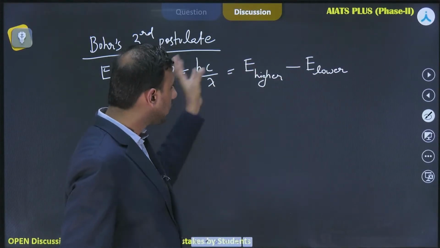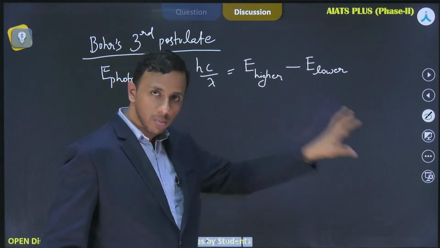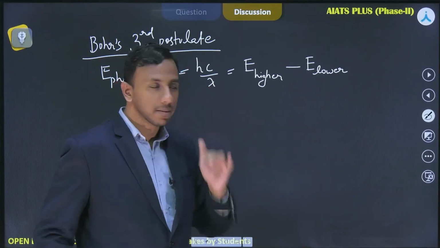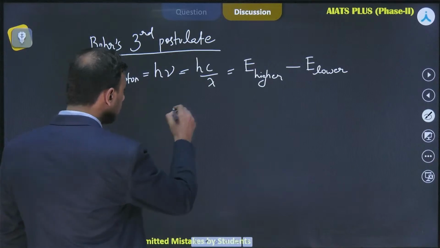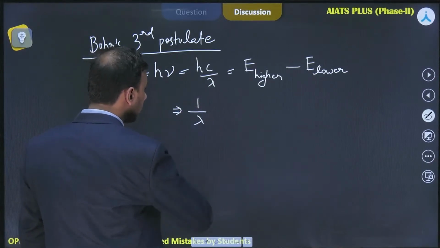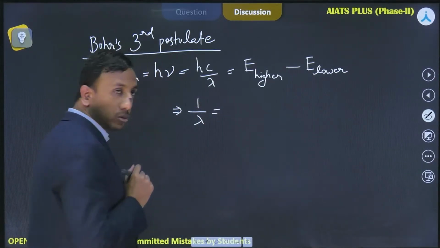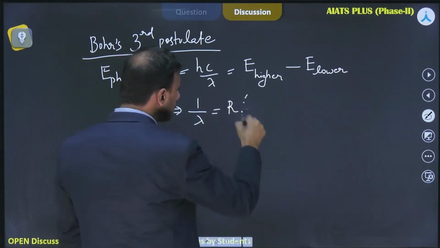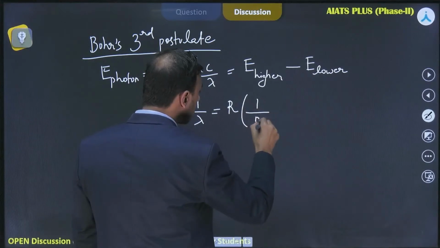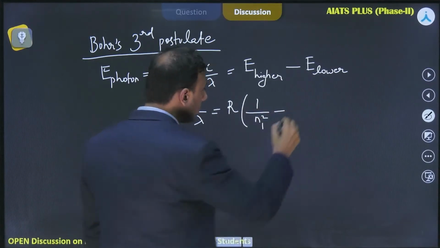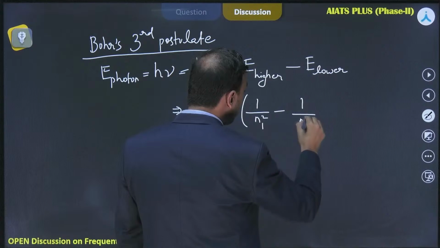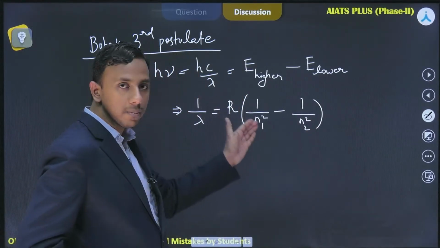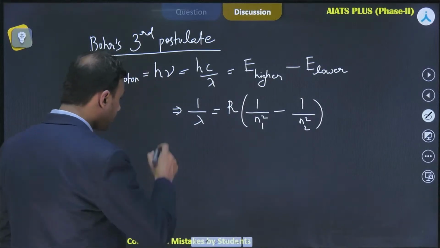If you take all these constants to one side, you will get an expression in terms of lambda only. So you will get 1 by lambda equal to R, with all these constants lumped together, upon 1 by n1 square minus 1 by n2 square. This R is called Rydberg's constant.